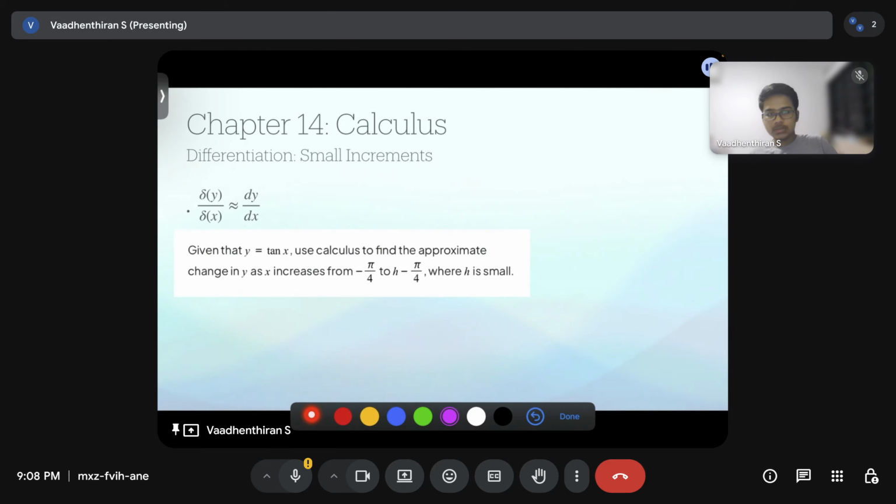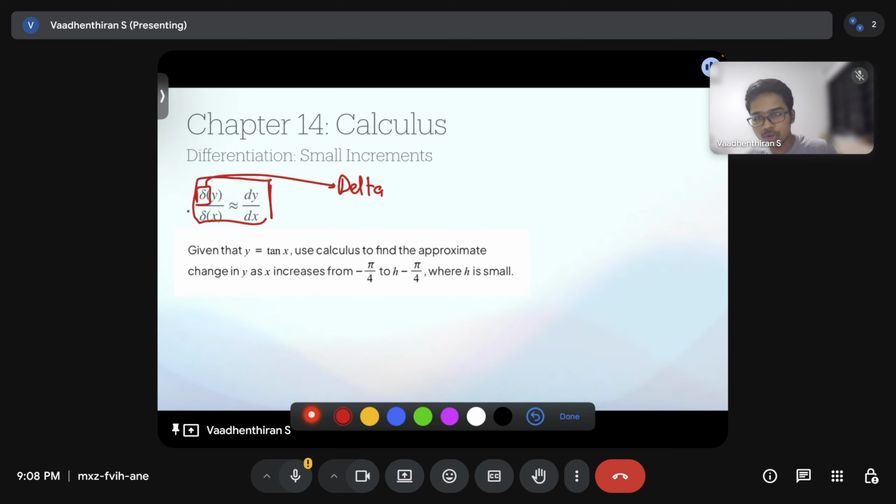A new topic here: small increments. When you change some value of a function by a very small amount, that's what small increments are. This is the only formula we need to know for small increments. This symbol is known as delta.